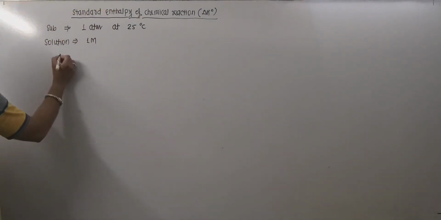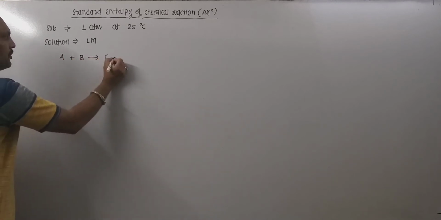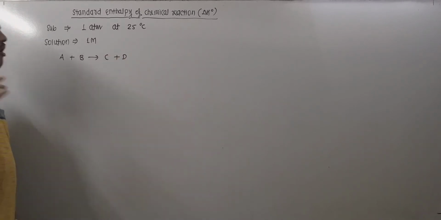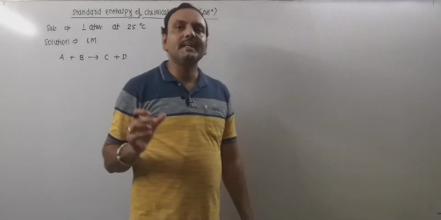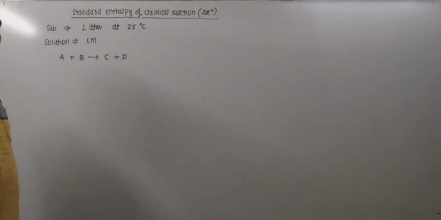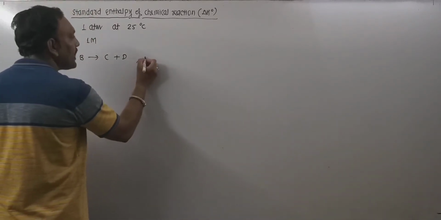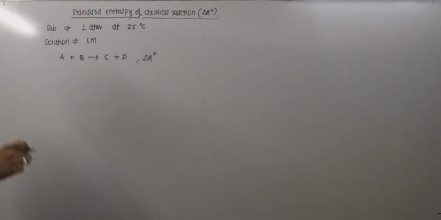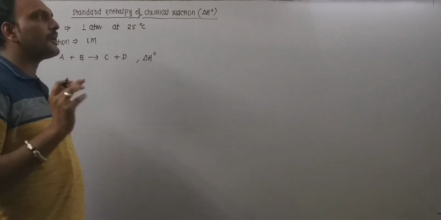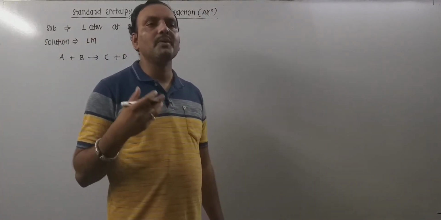Now consider, for example, the hypothetical reaction A plus B gives C plus D. If all entities in the chemical reaction, A, B, C and D, are in the standard condition, I mean standard states, then whatever enthalpy change is recorded is said to be the standard enthalpy of the given chemical reaction.